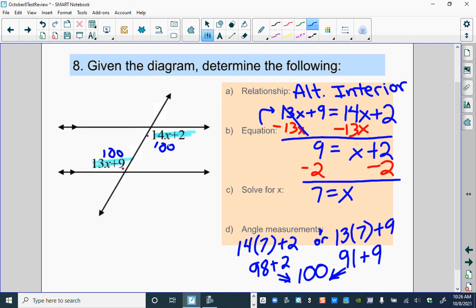You all got that one? Yes. All right. Ladies in the back, did we get that one too? Again, watch your signs, watch the math, because someone's made mistakes.